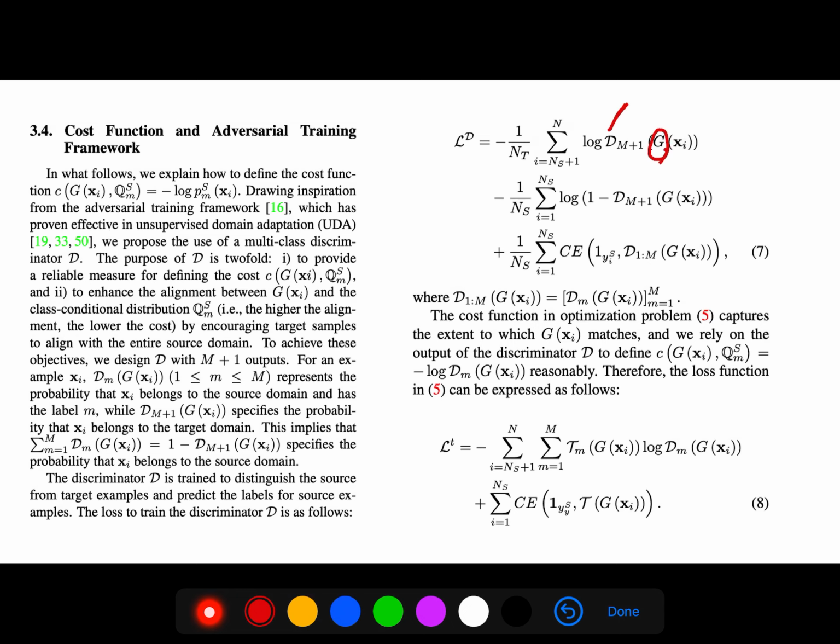So the generator fools this discriminator D. It is the same GAN idea that we use here for the domain shift problem. And the cost function that we discussed captures the extent to which G matches, and we rely on the output of the discriminator. So the loss function can be expressed like this.